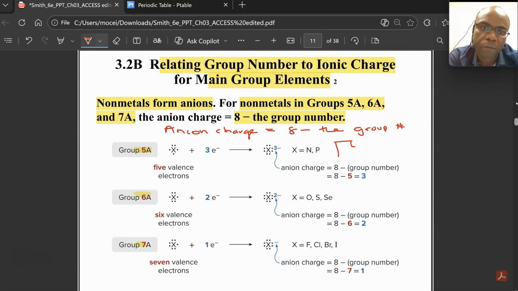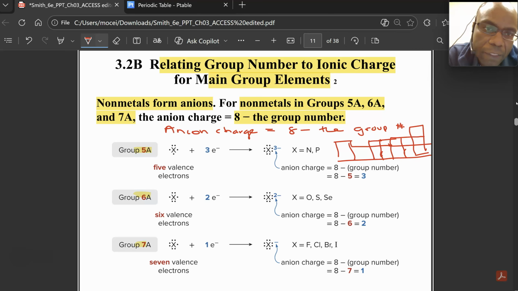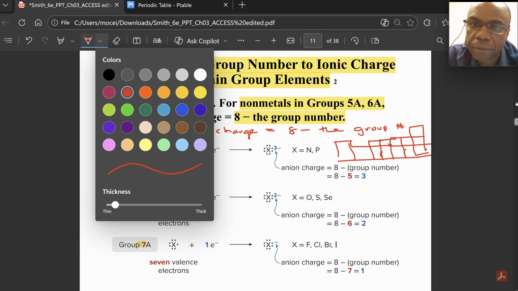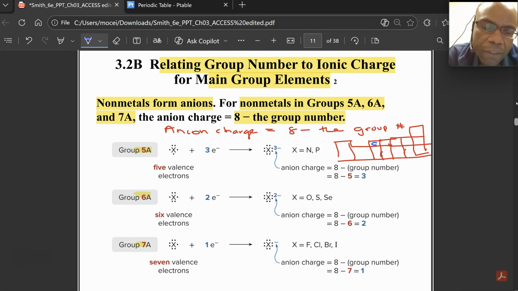Let me give you a quick example. Let me draw it like this. I'm not going to be perfect in my drawing, but I want you to get the idea. I'm going to use the case of nitrogen. I have carbon, nitrogen, oxygen, fluorine. This is 5A, this is 6A, this is 7A.